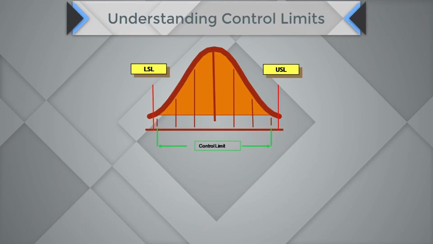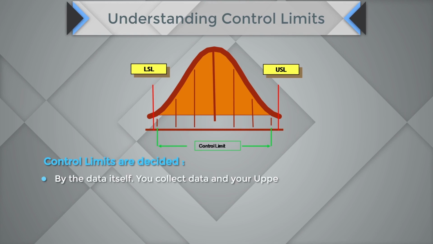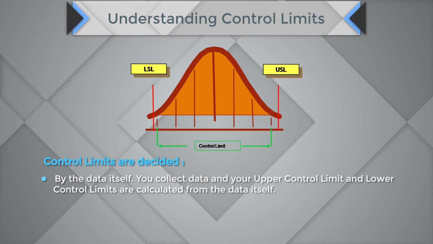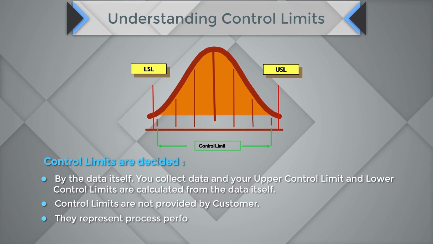The other term that you must understand here is control limit. Control limits, unlike the specification limits, are decided by the data itself. You collect data and your upper control limit and lower control limit are calculated from the data itself. Mostly, it shall be mean plus minus 3 standard deviations. Control limits are not provided by the customer. They represent the process performance.